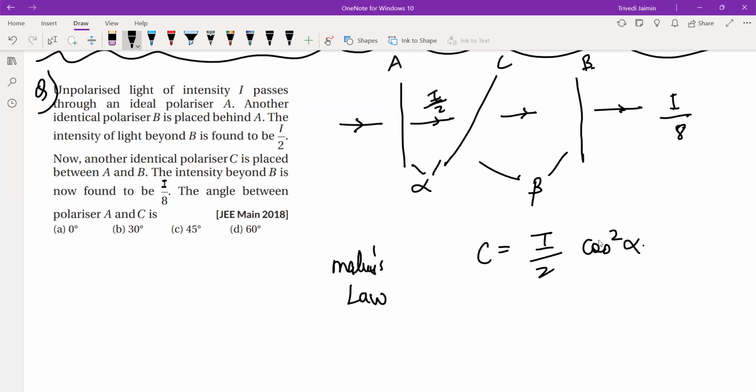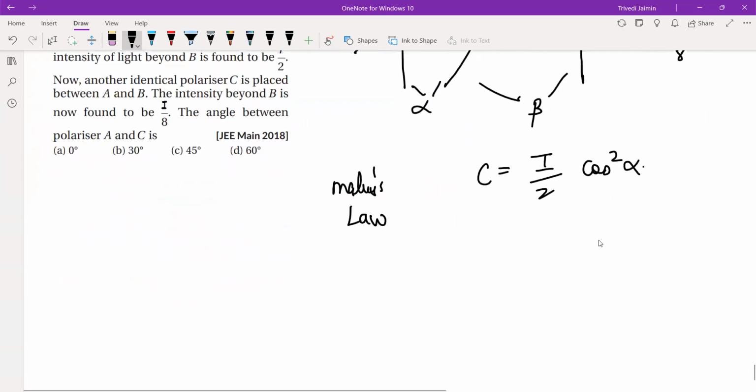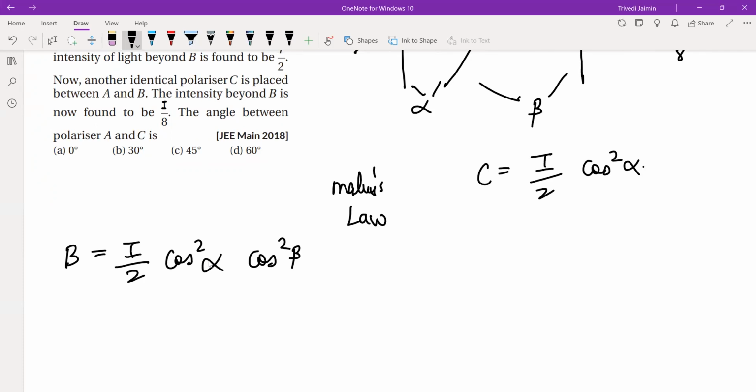And for B, it is I by 2 cos square alpha and cos square beta, which equals I by 8.